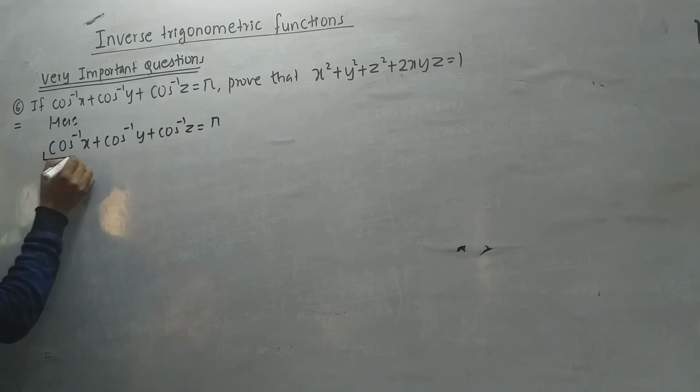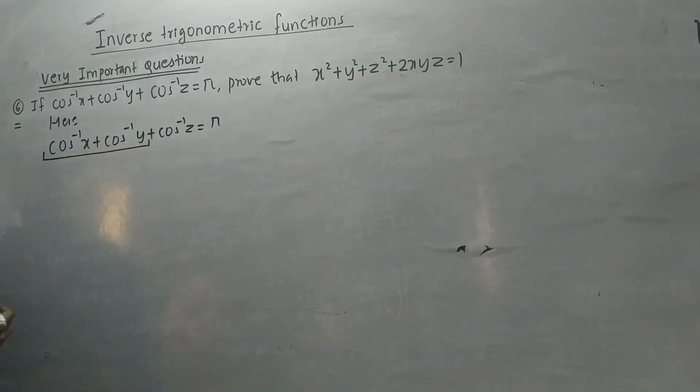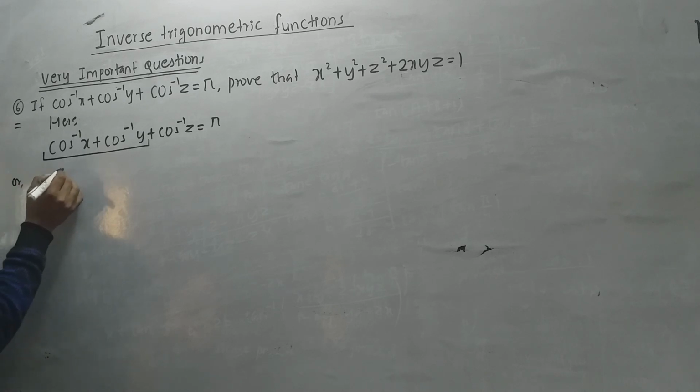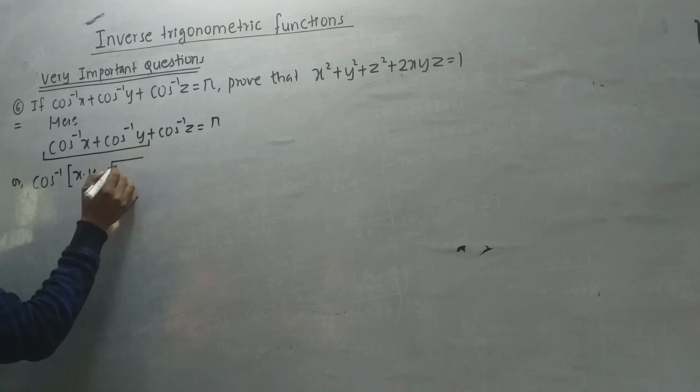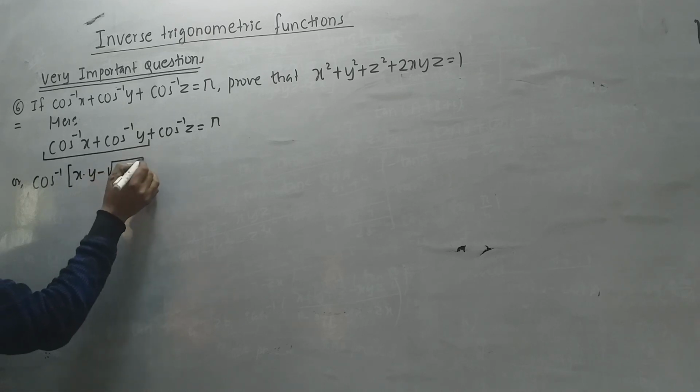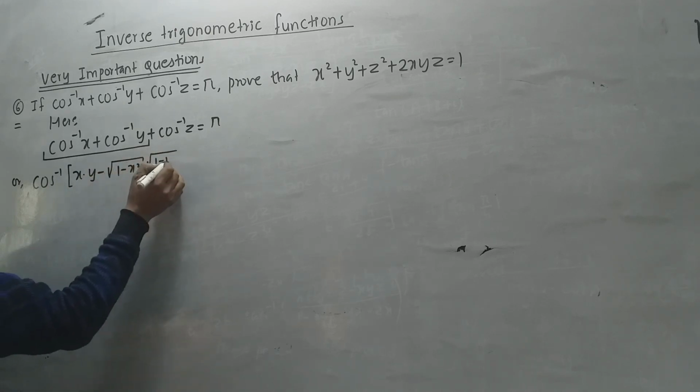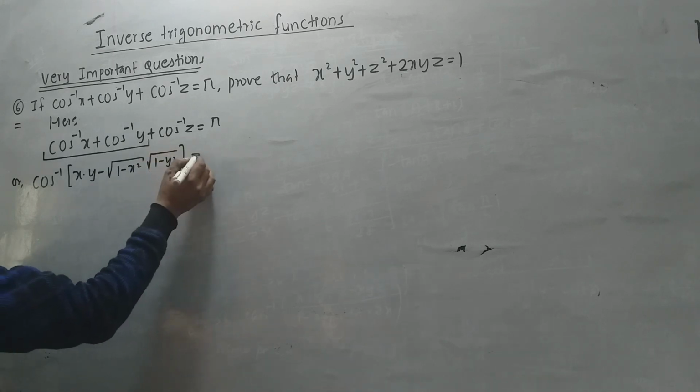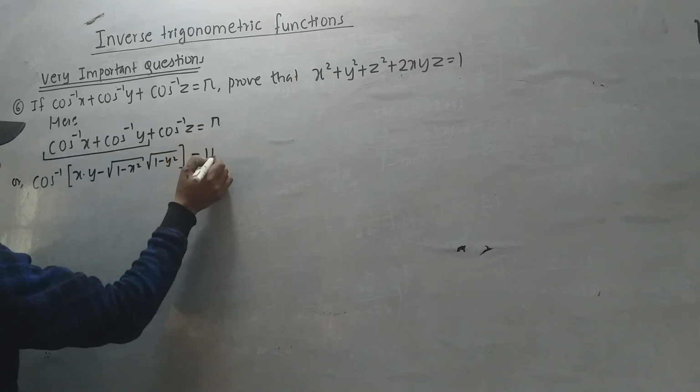Now in the formula section we have already discussed cos inverse x plus cos inverse y. The formula for cos inverse x plus cos inverse y will be cos inverse of x times y minus under root of 1 minus x square under root of 1 minus y square, equals pi, and the rest remains the same.